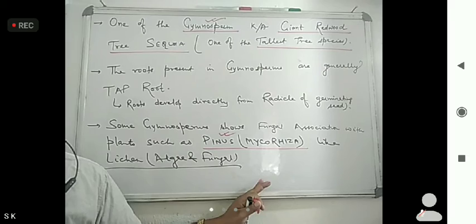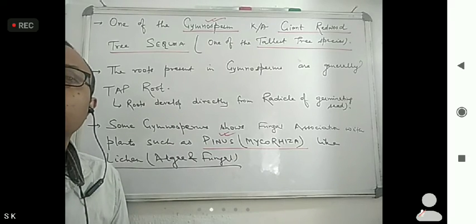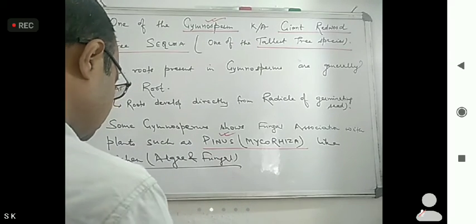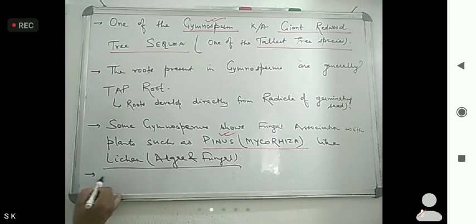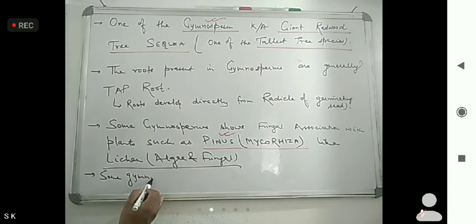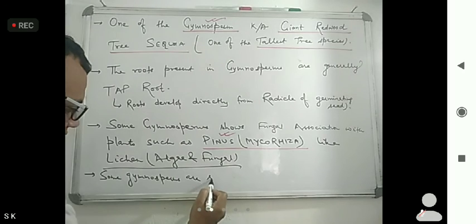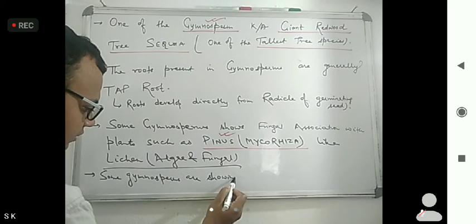Some gymnosperms show coralloid roots, as in cycas.